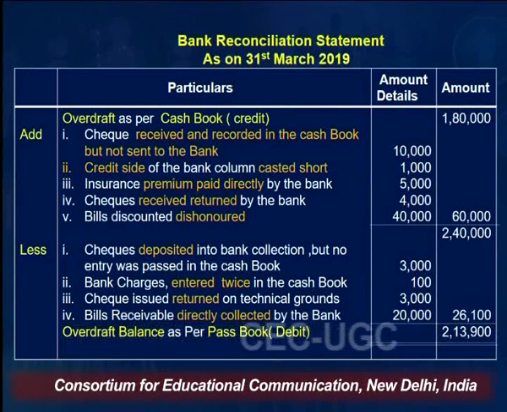For bill discounted dishonor, this item is not recorded by the bank, so we have to do whatever our bank has done. This is the thumb rule which you have to follow while preparing the bank reconciliation statement. Since the bank has not recorded this transaction, we would have deducted this item, but again this is a negative case, so we are adding this item.